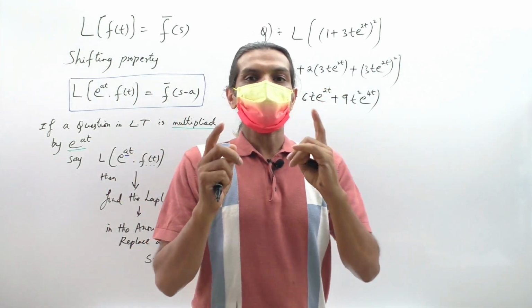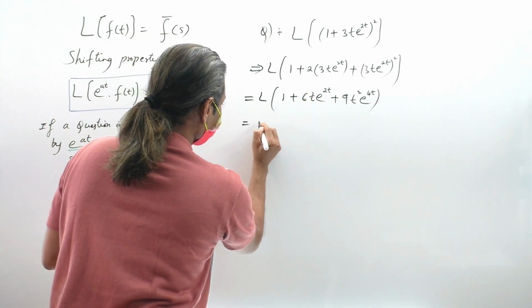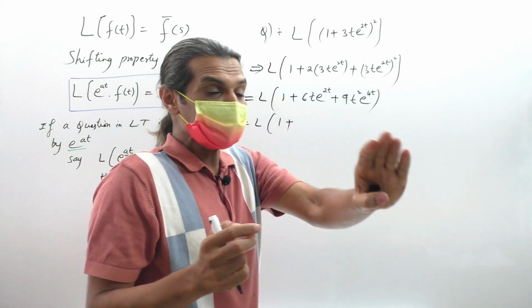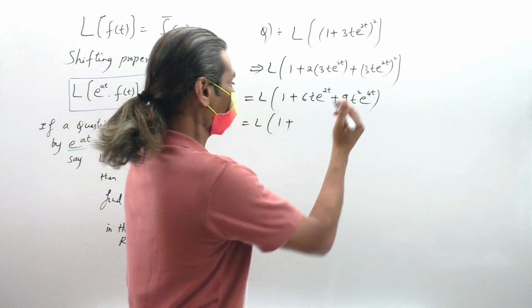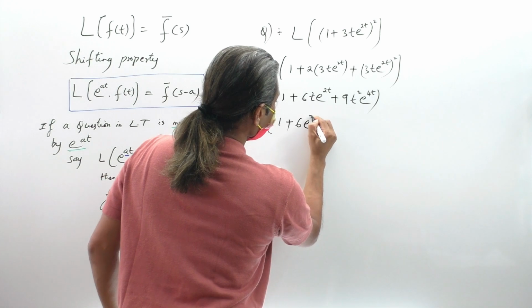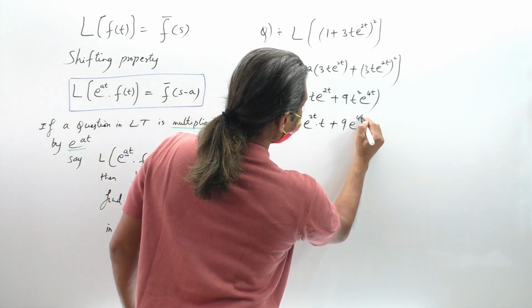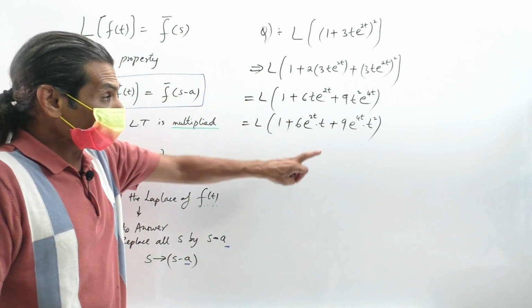Whatever it is, see here, I'll apply the same logic. 1 plus, as I told, wherever e raised to is coming, exponential function, take it always first. So 6 e raised to 2t into t I take plus 9 e raised to 4t into t square. See what I told you, take e always first.